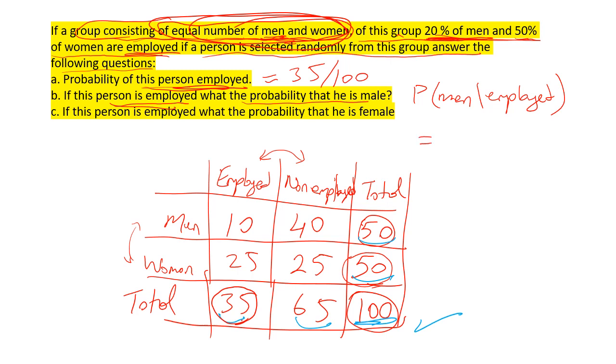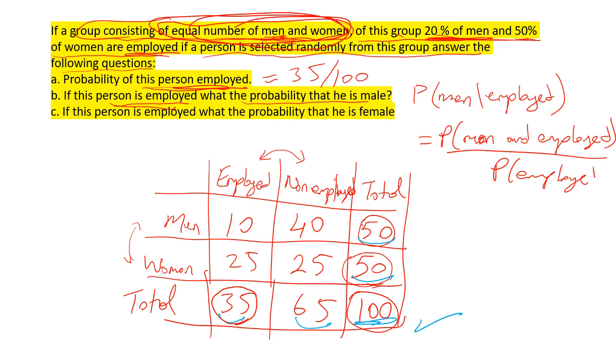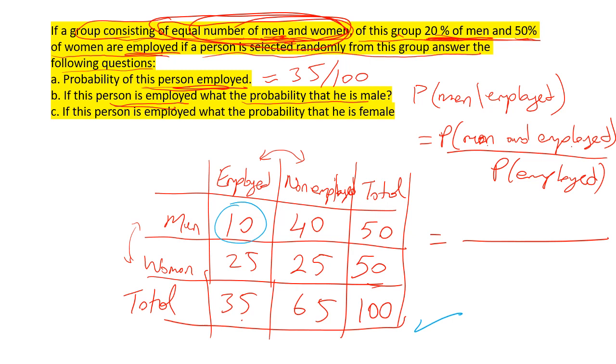Now, what does this mean? This is a conditional probability. We check the probability that the person is man and employed, divided by employed. Now, men and employed, let's check. Men and employed is 10, so 10 over 100.